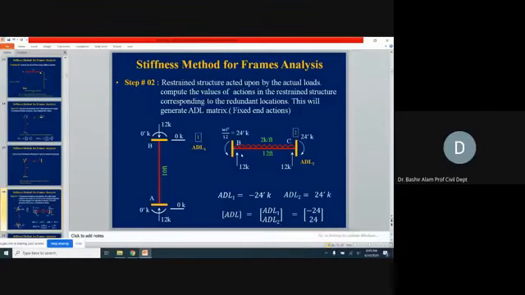Now remember, this 24 kip moment, we are not transferring it to the AB. Why? Because we have restrained this rotation here. And how can you restrain this rotation while it can still slide in the vertical direction, and it can slide in the horizontal direction also? Only rotation was stopped, D1 was stopped here.